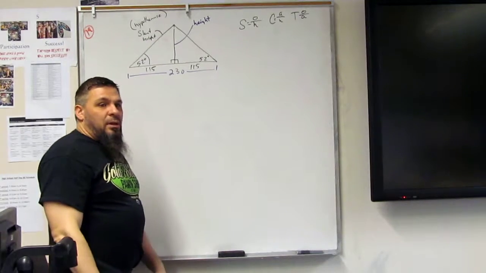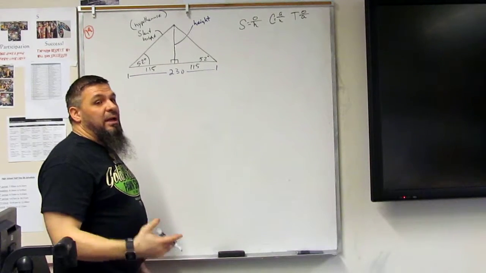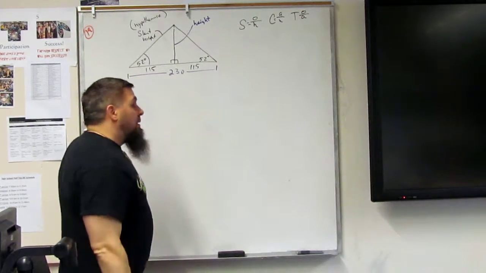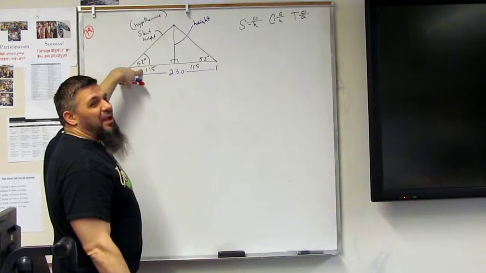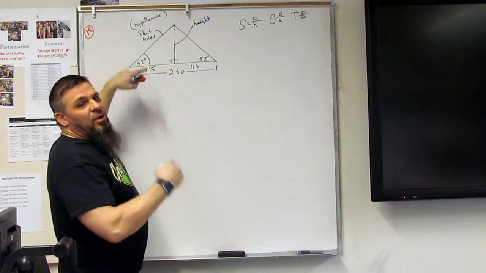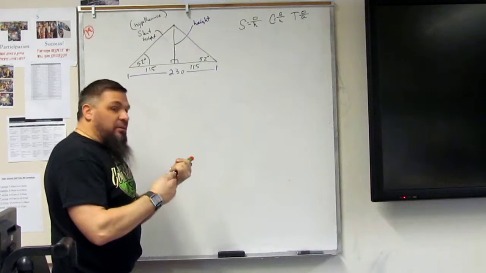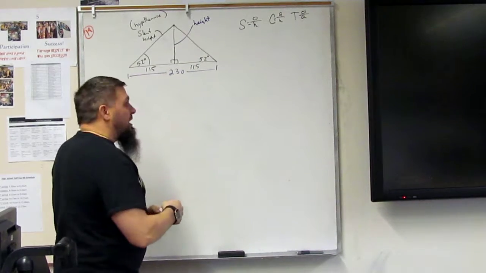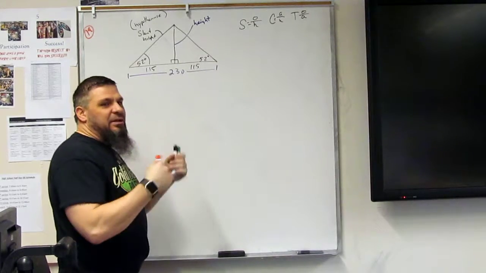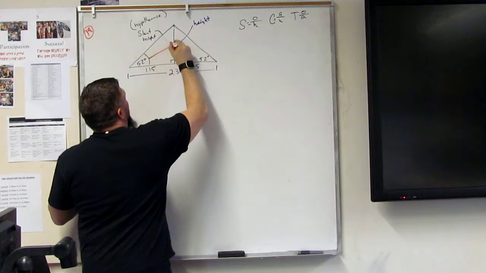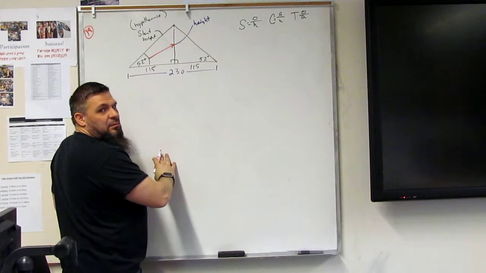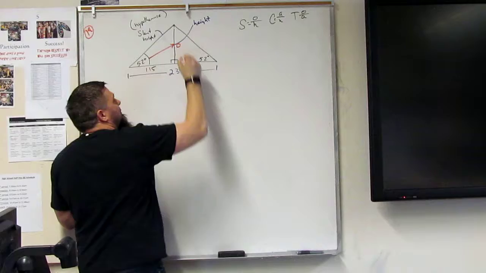Okay? So once we know that, we have a lot. Because we know what side, but we have to know what side this is with respect to the angle. We talked about earlier, I think I used red for O, and that's opposite.